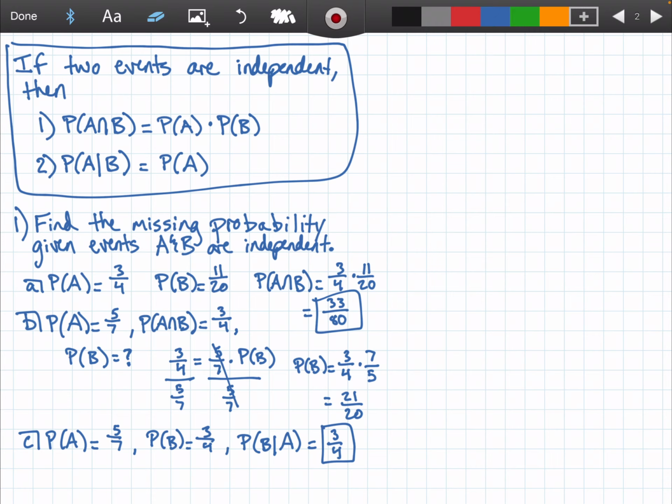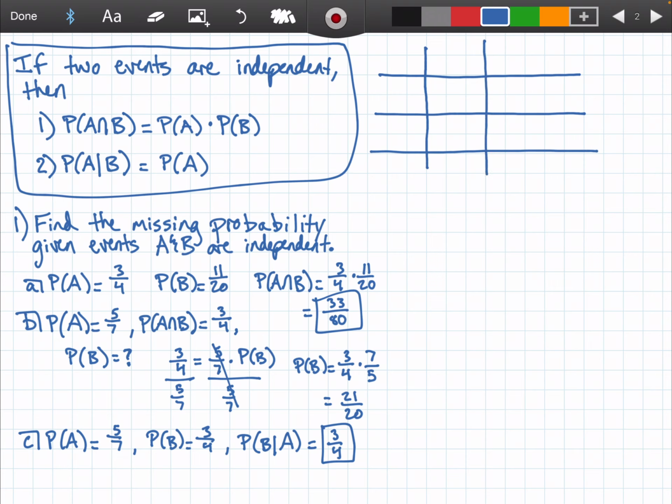All right, let's apply this now to two-way tables. And we're just gonna make up some stuff.